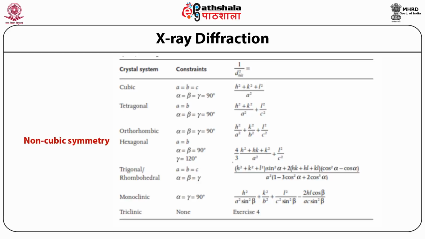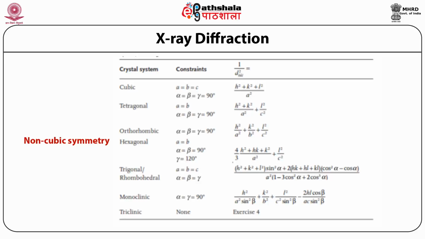This slide tells you the relation between d, the interplanar spacing, the Miller indices HKL, and the lattice constants a, b, c. Like you can see here in cubic symmetry, a is equal to b is equal to c, and all angles are 90°. So that makes a simple relation between a, d and HKL.